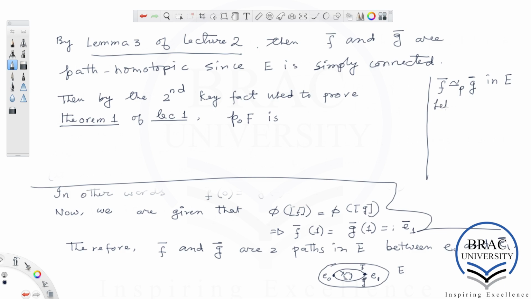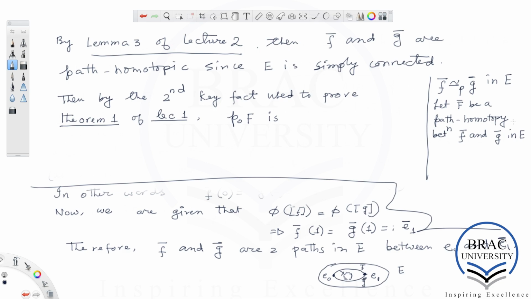Let F tilde be a path homotopy between F bar and G bar in E. Okay, since they are path homotopic, I can always find a path homotopy between them. So we are denoting a path homotopy between them by F tilde. Okay.